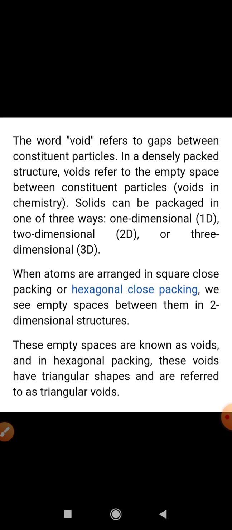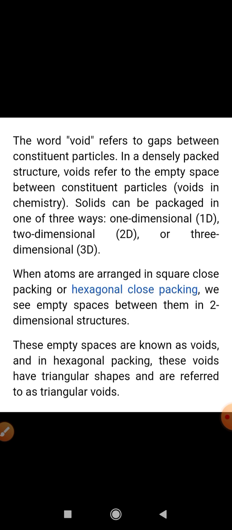Students, today let us see the voids. In the earlier lectures, we saw the arrangement of particles in one-dimensional, two-dimensional and three-dimensional types.